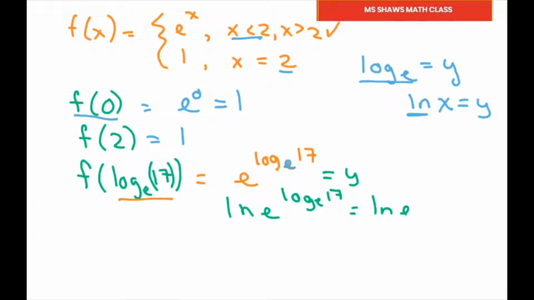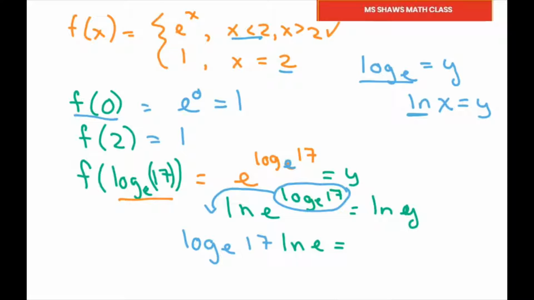Now using your power property, let's move this in front here. So you get log base e of 17 times ln of e equals ln of y. Now ln of e is just 1.